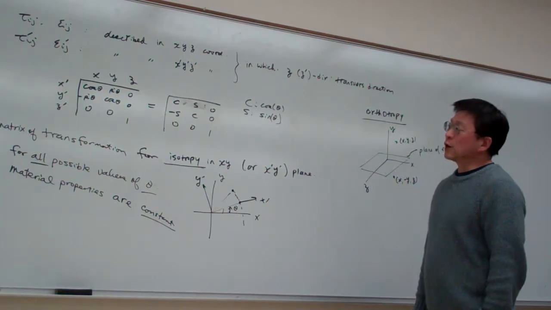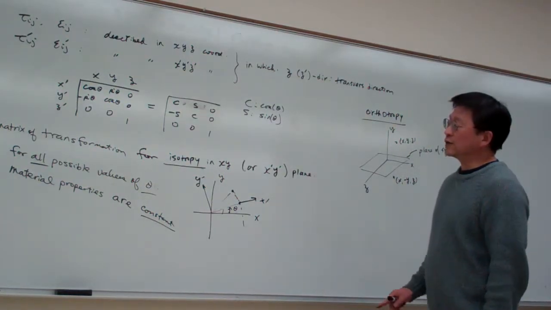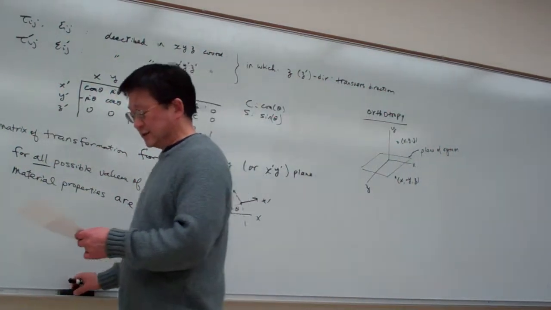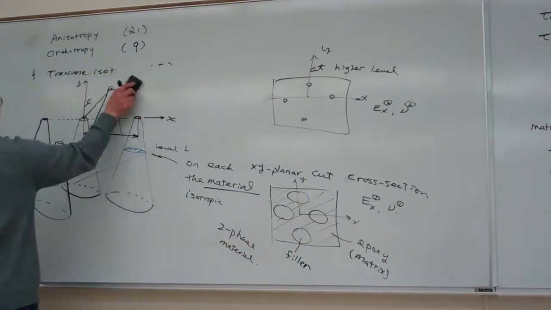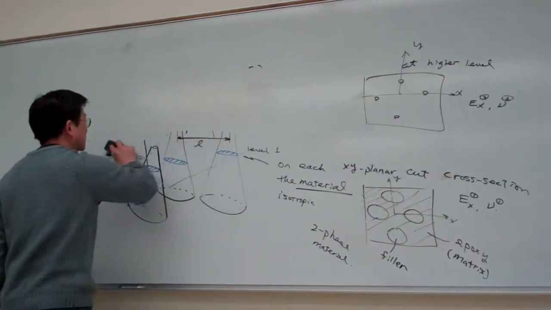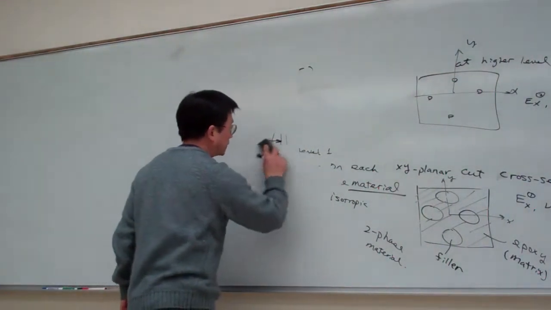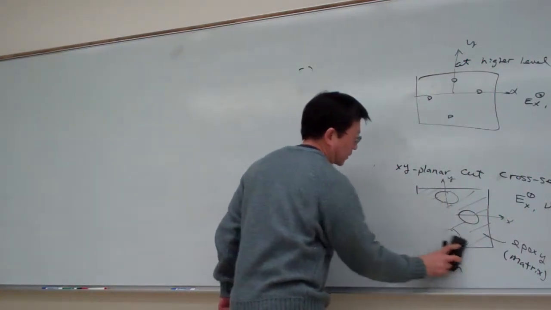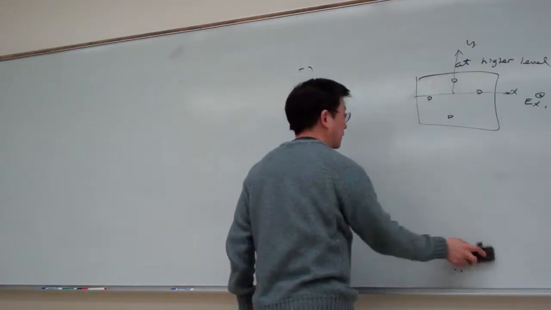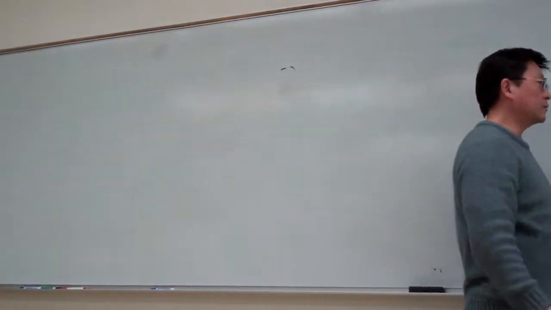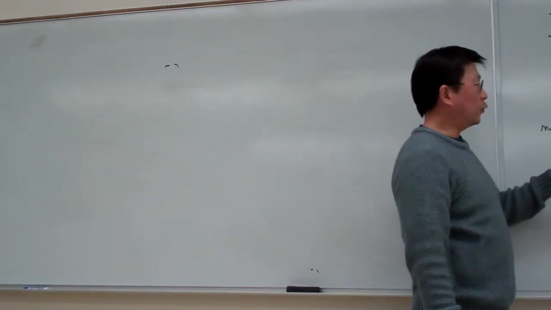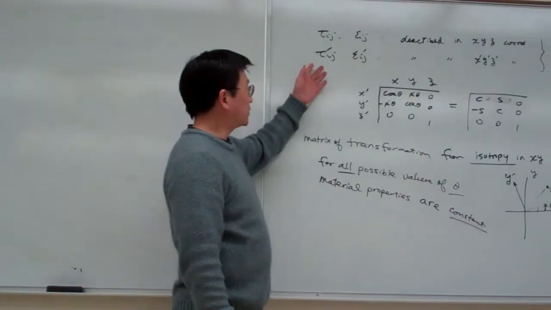A better way to do it, which I will demonstrate in this class, is this. We start from here, and let me erase this one and give more space to talk about this. Right now what I'm going to do is find out the contents of the relation between stress and strain.